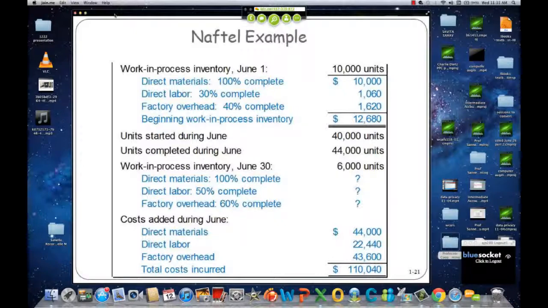Direct materials was completed for each of those units because it's always done at the very beginning of the process. Labor is 30% complete and overhead is 40% complete for those 10,000 units. The value of that beginning work in process inventory, which we'll use later, is $12,680.